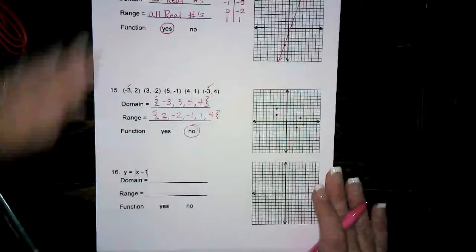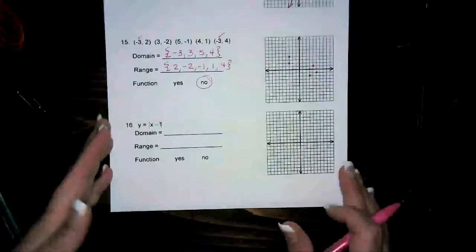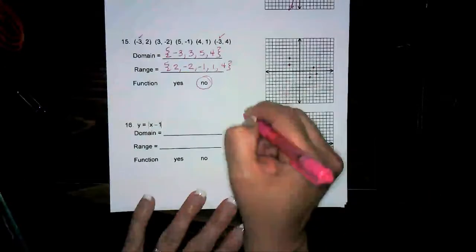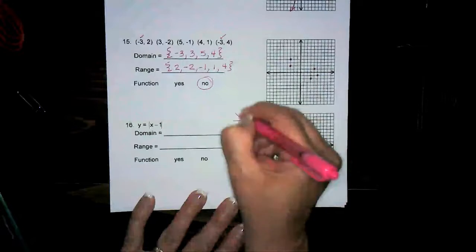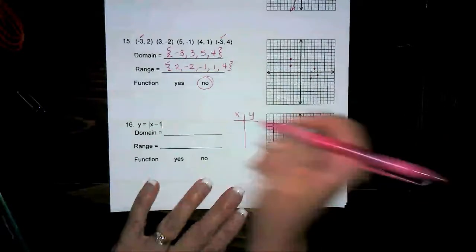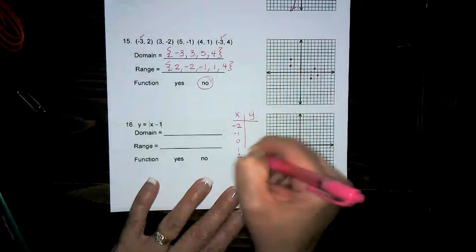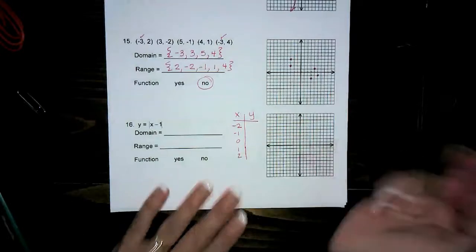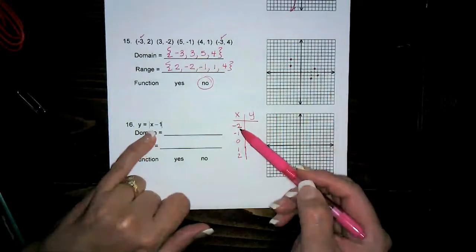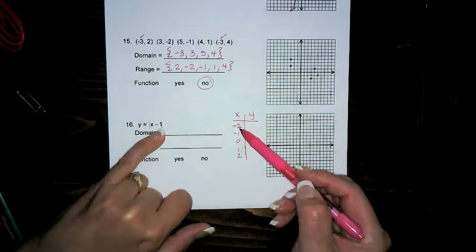Okay, last one here. Y equals absolute value of x minus 1. So this one, again, I think it's beneficial if we make a t-table. By the way, I'm a huge fan of making a t-table. You can plot some points really quickly and see what's going on with the graph. So let's put in -2 for x. So -2 minus 1 is -3.